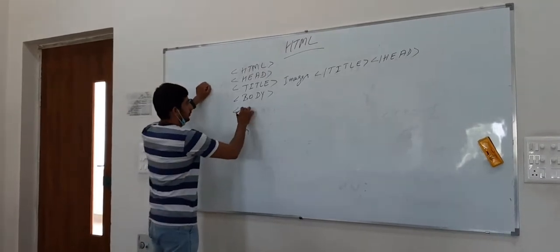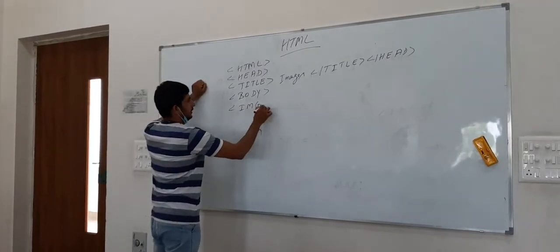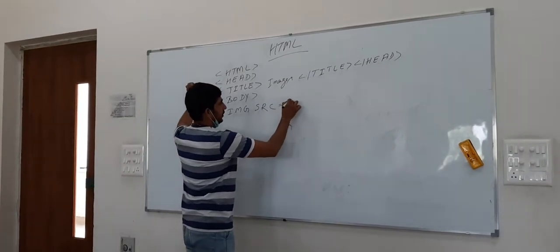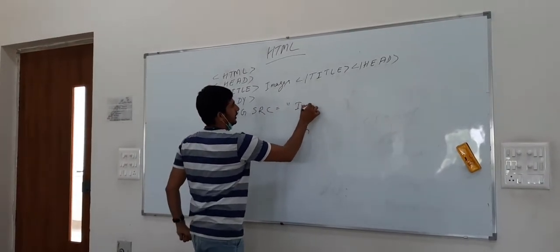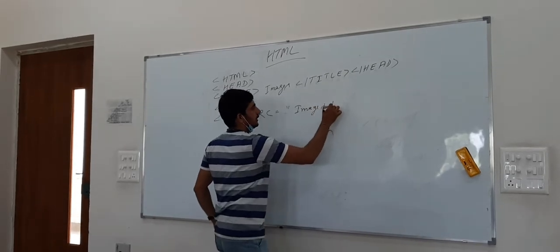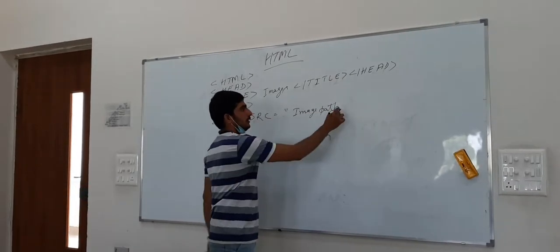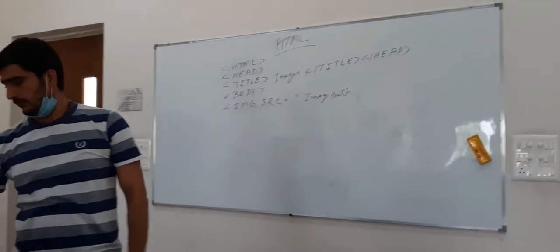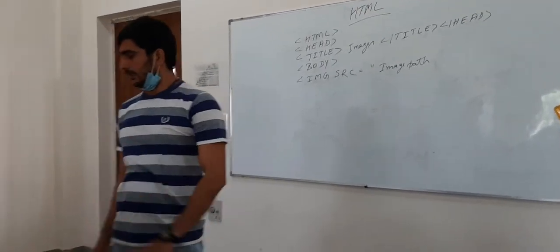So here we will use img src. Here you will put the image path. Now we will go for the alternate. If we want to put an alternate for the image, we use alt equal to the name of the picture, the name of the image.